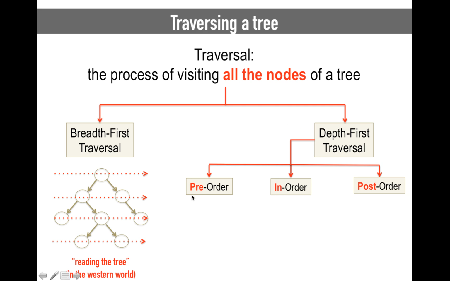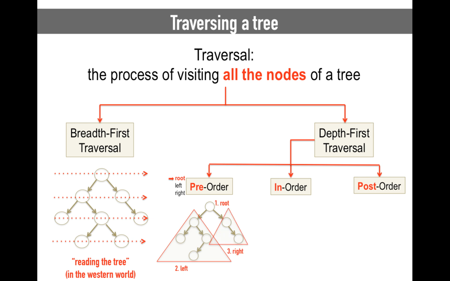I have highlighted these words in red because they tell you exactly how the tree is traversed. If it's pre-order, you first visit the root. Pre means the root precedes the left and the right subtrees. So if you have this tree in the pre-order traversal, you first visit the root, then the left subtree, then the right subtree.